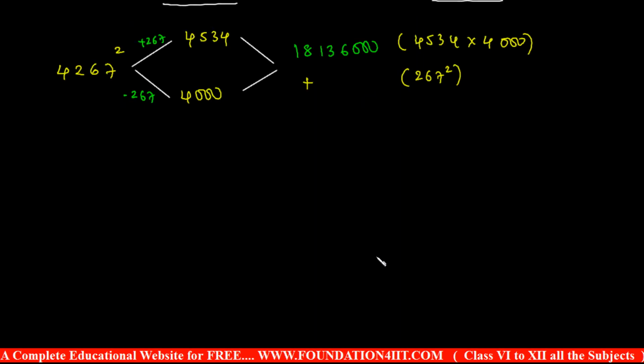Now if you notice, 267 square we already did previously in 3-digit number squares, so the same concept. Let me show it here. I need to find 267 square.